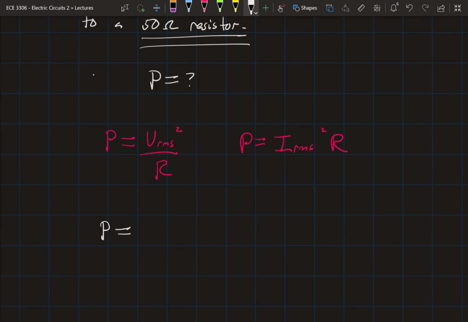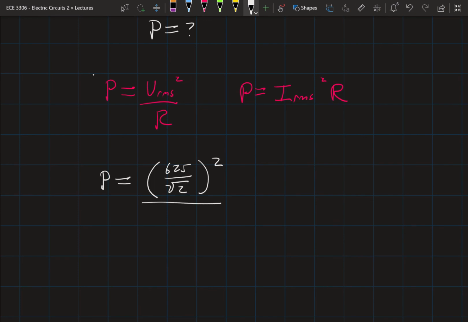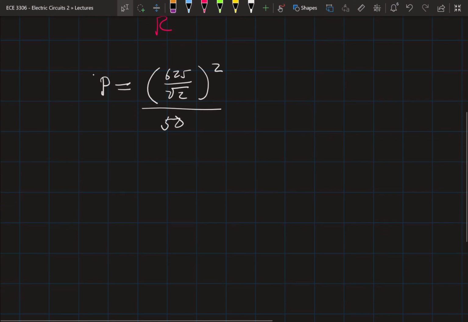P is equal to 625 over the square root of 2, squared, over 50 ohms. Punch that into your calculator, and you'll get that P is equal to 3,906 watts. And there we go.